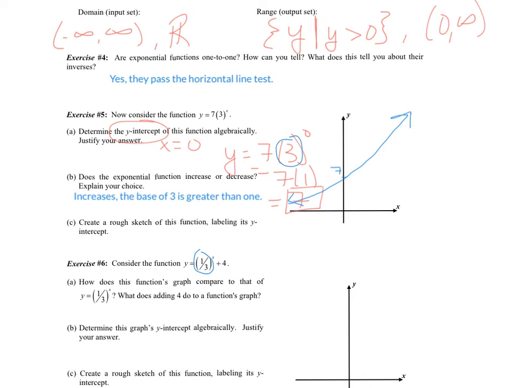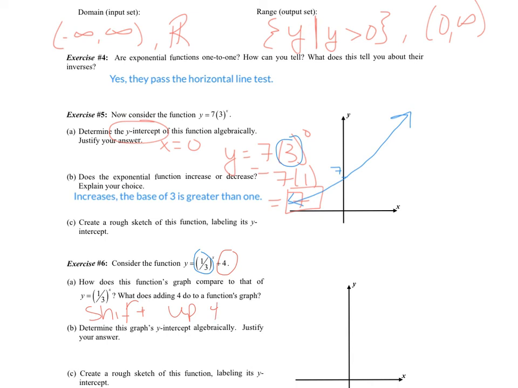Well, one thing I'm noticing is that this +4 is on the outside. Because that +4 is on the outside, it's not affecting the x coordinates, it's affecting the y coordinates. It's not attached to the x, it's attached to the function as a whole, which means it's affecting the y coordinate. So it's going to be shifting up 4. This is a shift up 4.